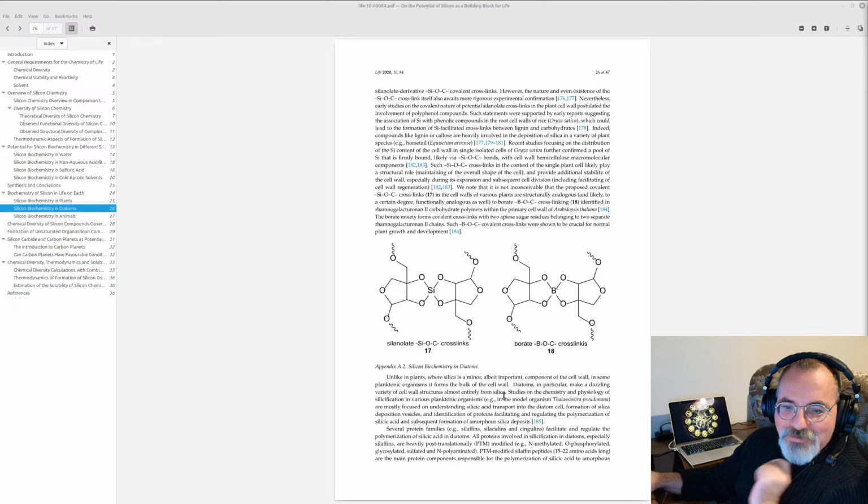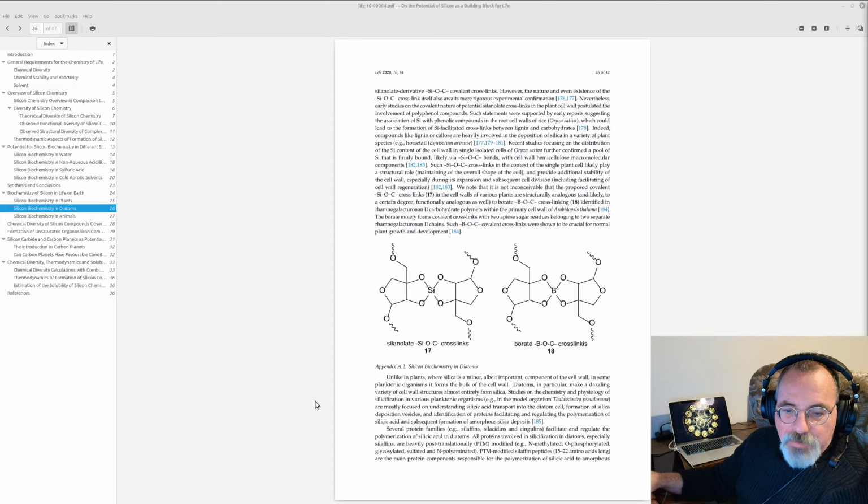Studies on the chemistry and physiology of silicification in various planktonic organisms, for example, in the model organism, a species of diatom, are mostly focused on understanding silicic acid transport into the diatom cell, formation of silica deposition vesicles, and identification of proteins facilitating and regulating the polymerization of silicic acid and subsequent formation of amorphous silica deposits.